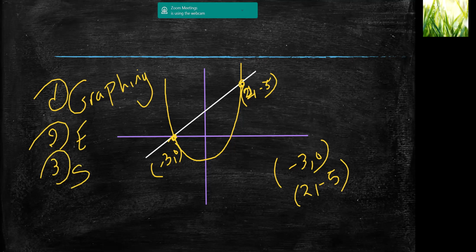Now let's talk about the elimination way. If we have y equals x squared, and y equals 3x, and I want to use elimination, what do I have to do? This is grade 8.